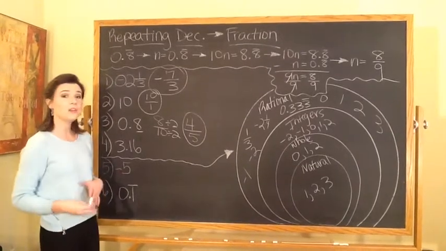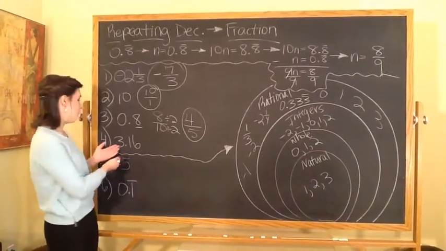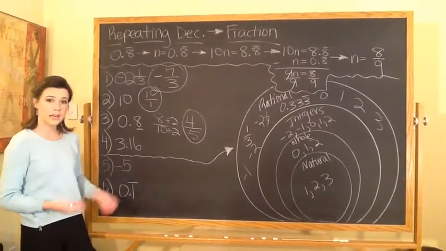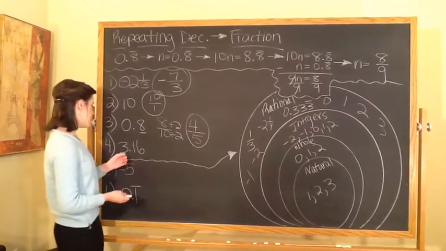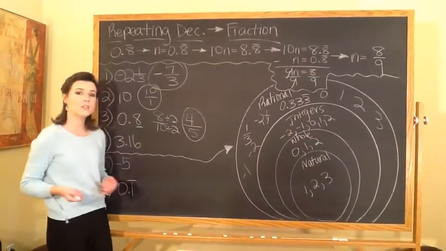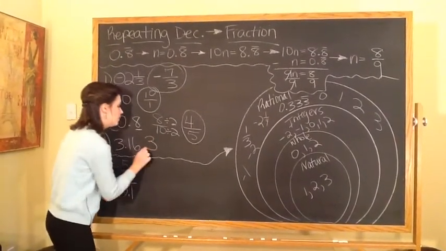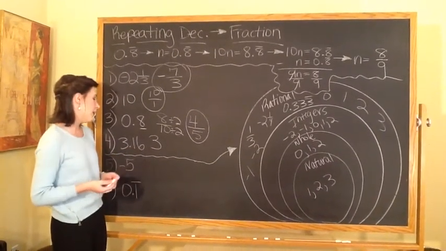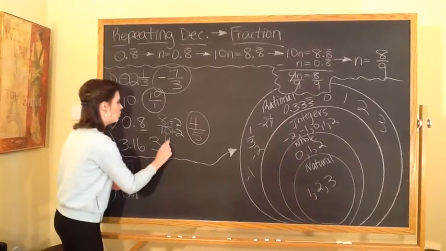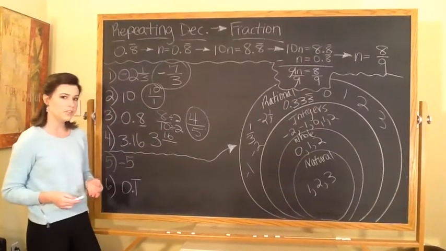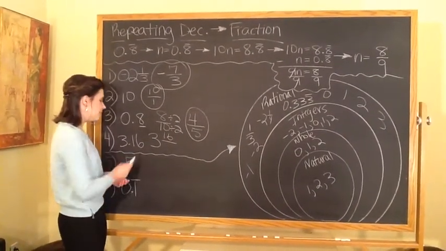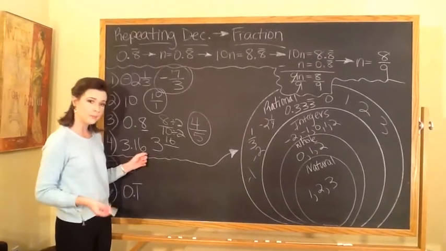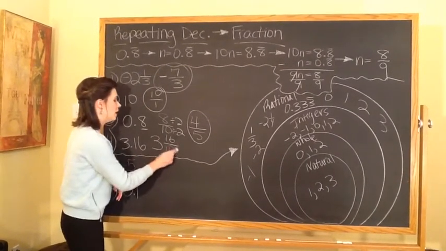All right, this time we are going to be taking a decimal with a whole number and putting it in fraction form. So since we have a 3 here in the ones place, we know that it's a whole number 3, so we're going to end up with a mixed number. So now we're going to go ahead and put 16 over, we need to think about what our denominator would be. Since 16 ends in the hundredths place, we're going to do 16 over 100.